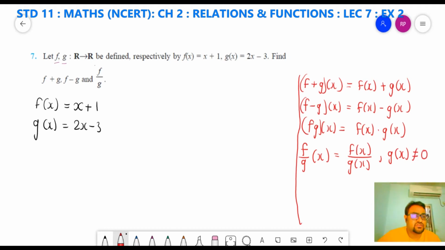Remember this, g(x) must not be equal to 0.